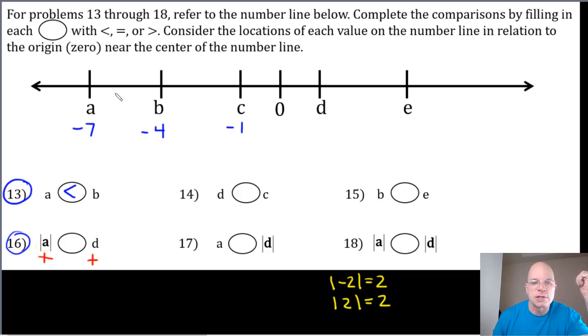Well, the relative distance helps you compare them, because A is much farther from 0 than D is. So the absolute value of A will be much larger than D. So the absolute value of A is greater than D, even though A itself is negative. If we use these numbers, the absolute value of negative 7 would be 7, and D looks like it's about, if C is negative 1, D looks like it's about positive 1. So you're comparing 7 to 1, and 7 is clearly greater than 1.